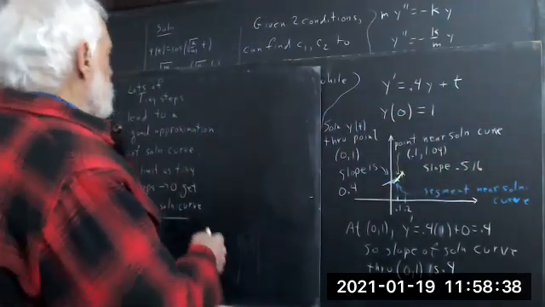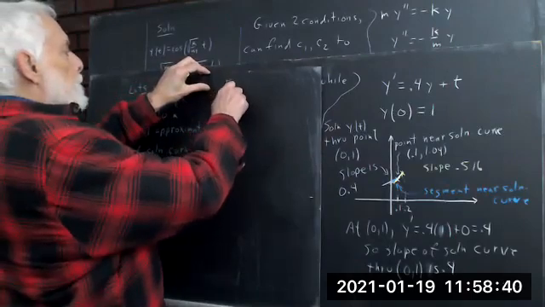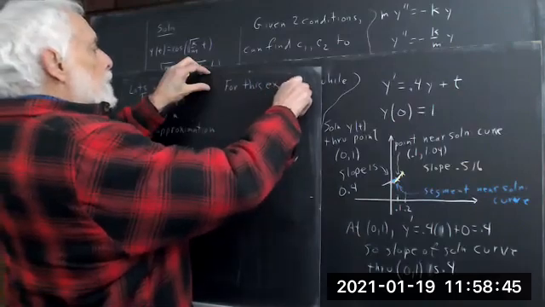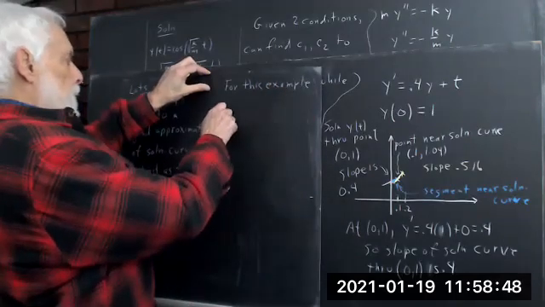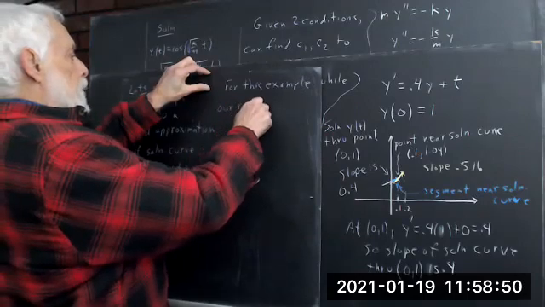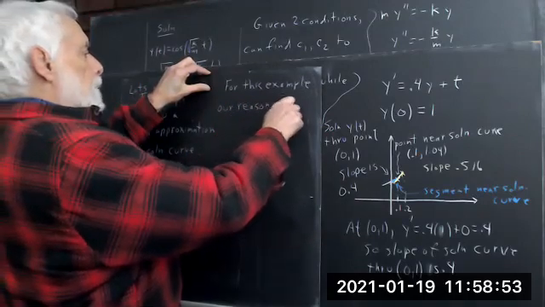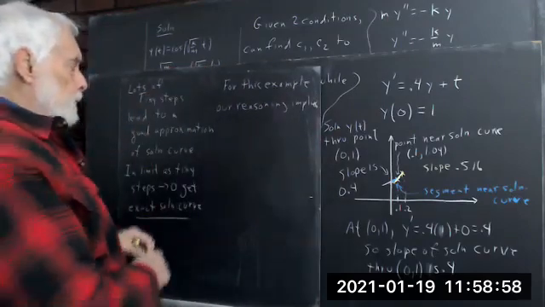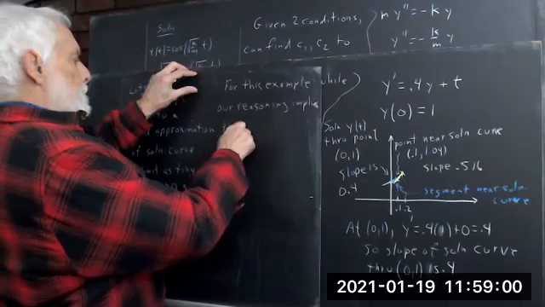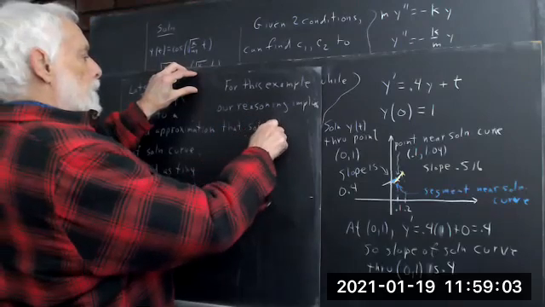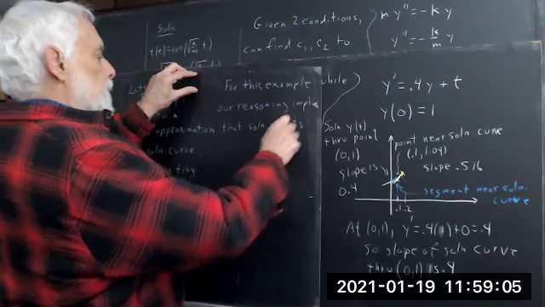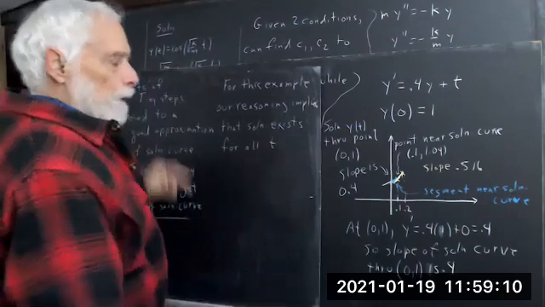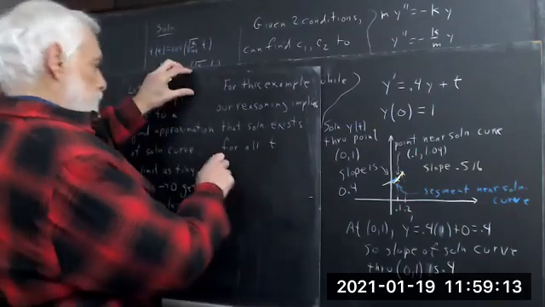Okay, so for this example, our reasoning implies our solution exists for all t.